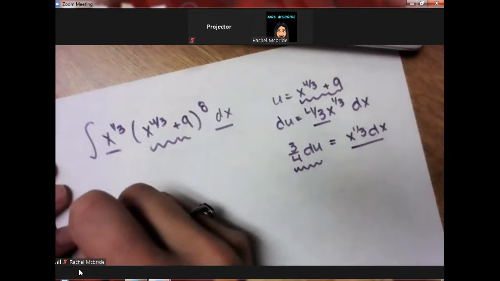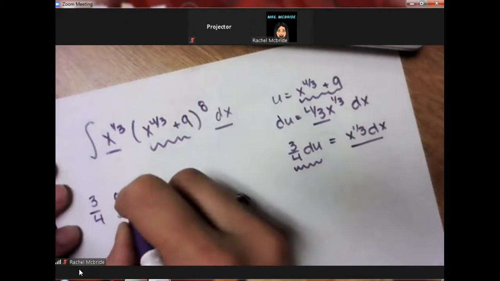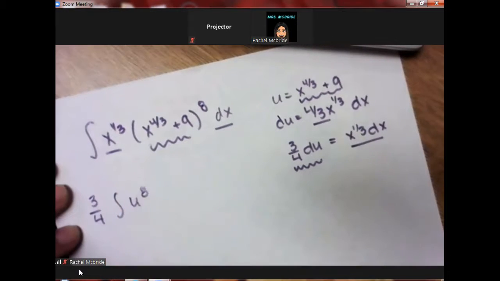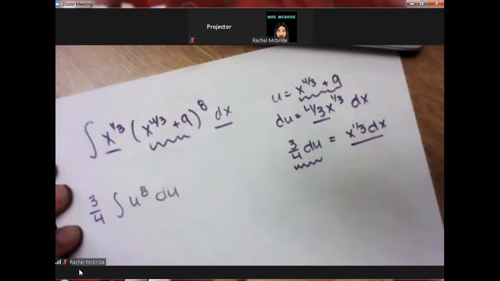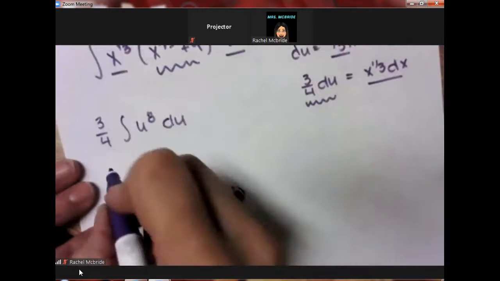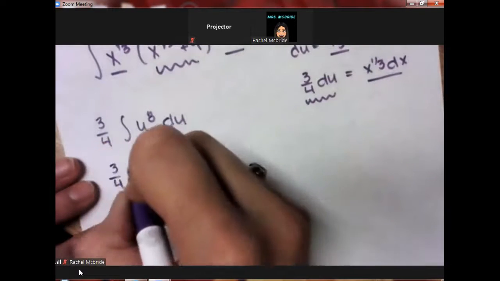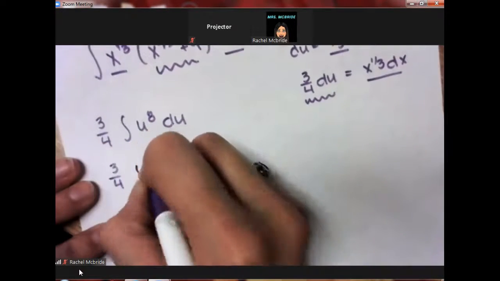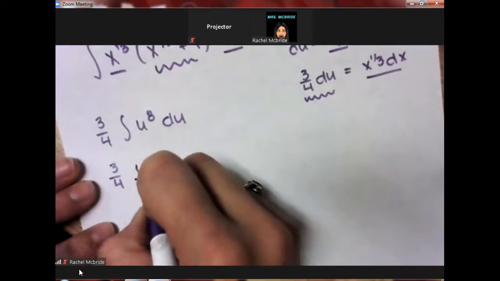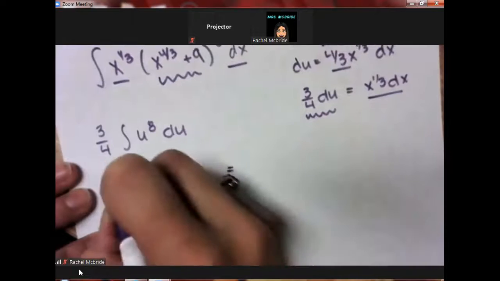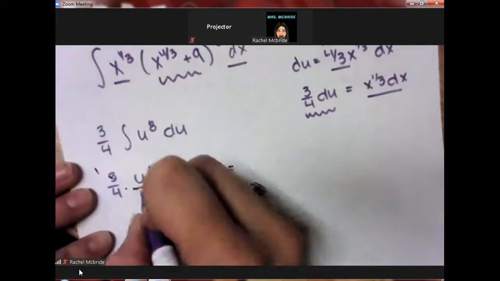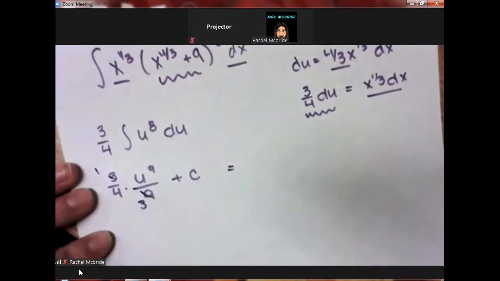So you get 3/4 the integral from 0 to 8 of u to the 8 du. And then that becomes 3/4. You add 1 to your exponent, so it's u to the 9 over 9 plus c. So you get 3 and 9, so that becomes 1/3.